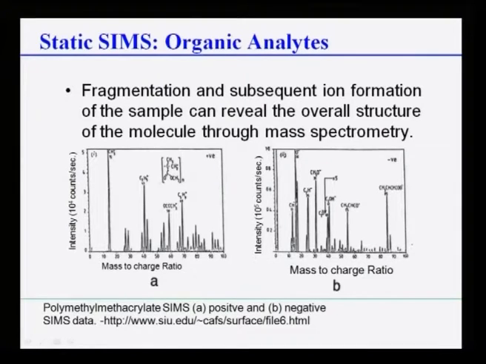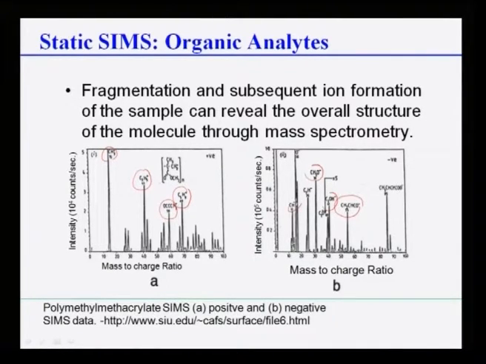To give you some results, this is taken from polymethyl methacrylate SIMS, both positive and negative SIMS data. You can detect different ions, such as C3H5 plus in the positive ions, and for negative ions, if you use something like cesium, you can create different negative ions: CH3O minus, C3OH minus, C2CH minus.